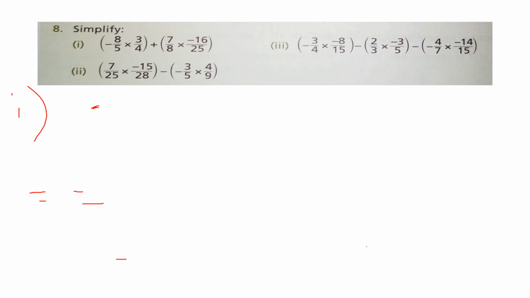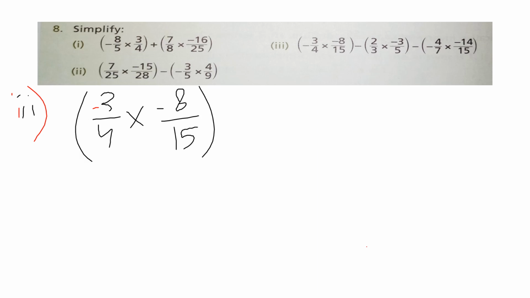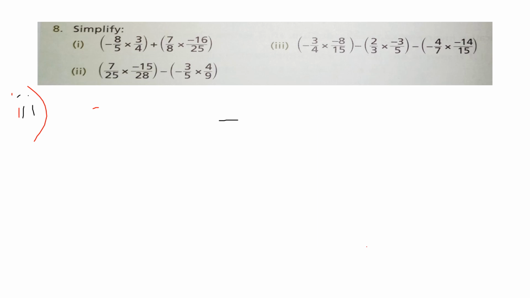So the third question is minus 3 by 4 multiplied by minus 8 by 15 minus... instead of writing the question again here, I can do cutting. 3 1s are 3, 3 5s are 15, 4 1s are 4, 4 2s are 8, 3 1s are 3, and 7 1s are 7, 7 2s are 14.